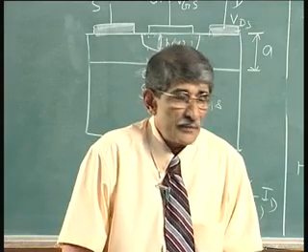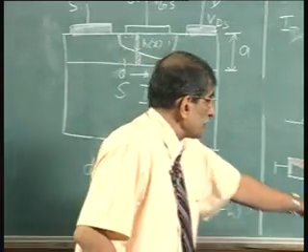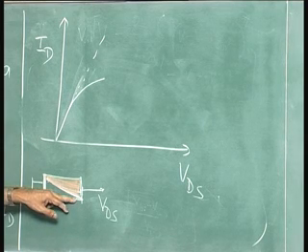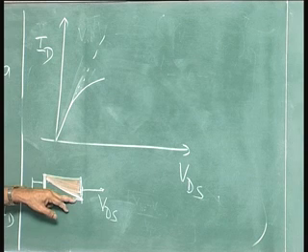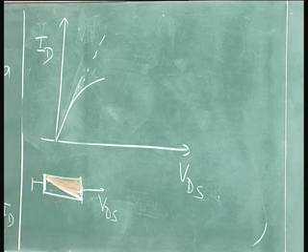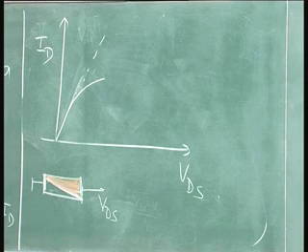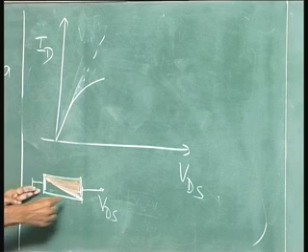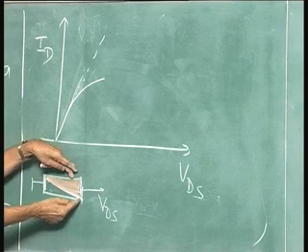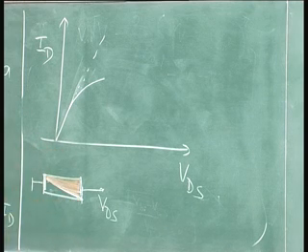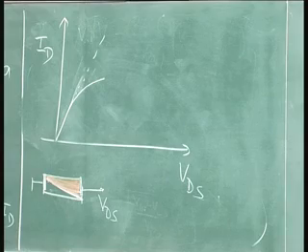First, qualitatively, what I would say is, if it closes here, the current tends to fall. If the current tends to fall, the voltage drop tends to fall. If the voltage drop tends to fall, this tends to open up. In other words, what we have is a dynamic equilibrium situation.